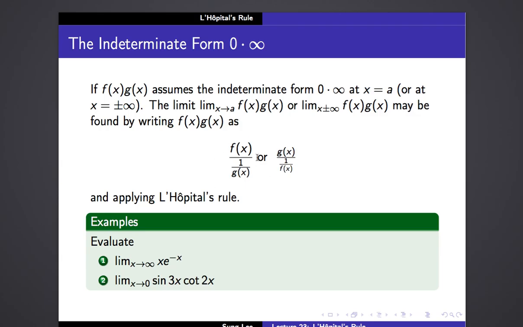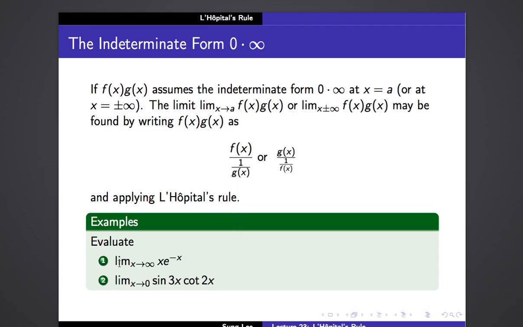because that way of representing f of x times g of x will turn 0 times infinity into 0 over 0 type, or infinity over infinity type. So we can actually apply L'Hopital's rule.